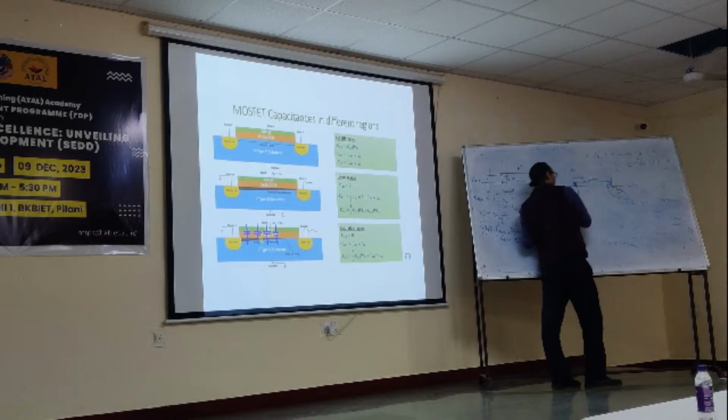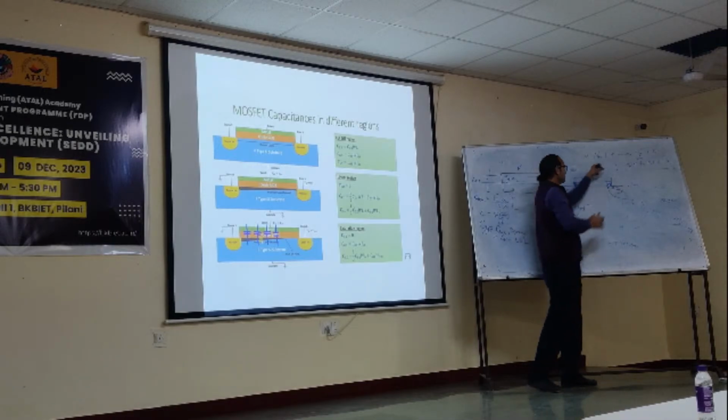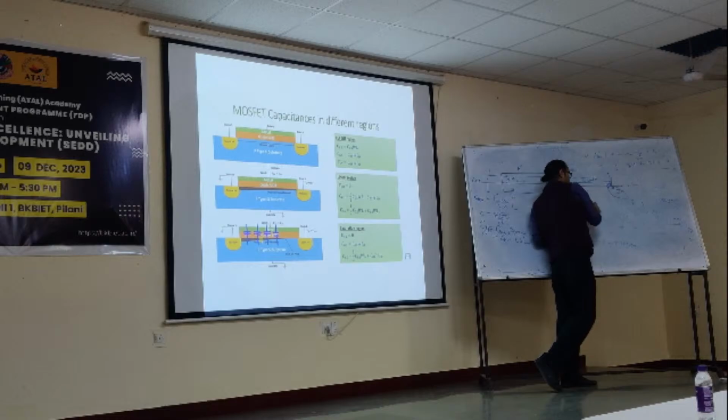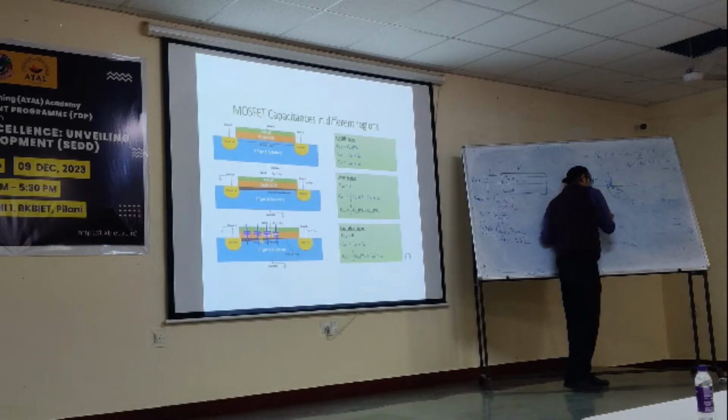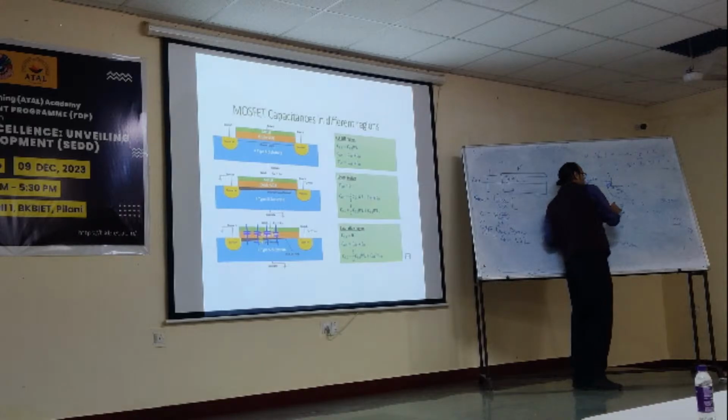Now, can you tell me what will be CGD, the gate to drain capacitance? We have the gate plate and the drain plate. How much distance is there between this and this? Again, TOX. In between we have oxide.